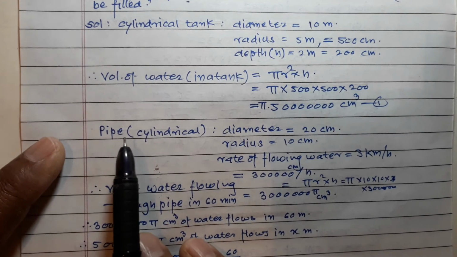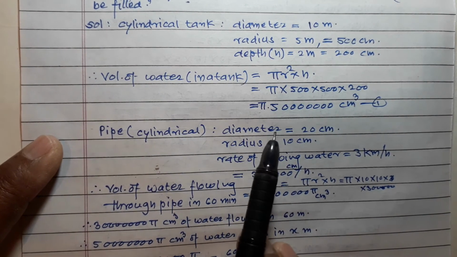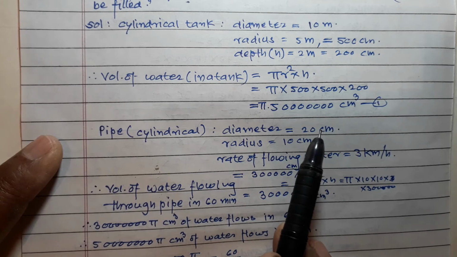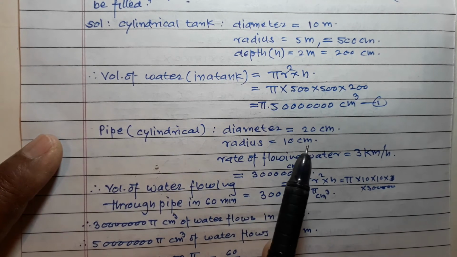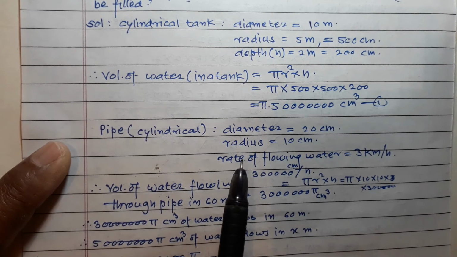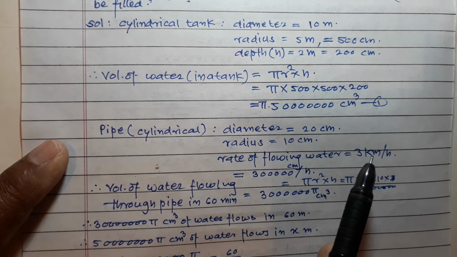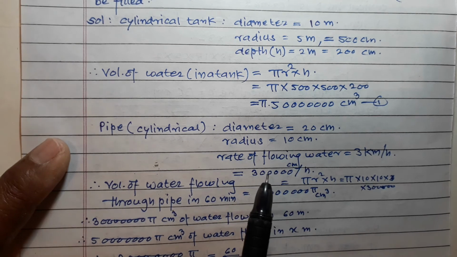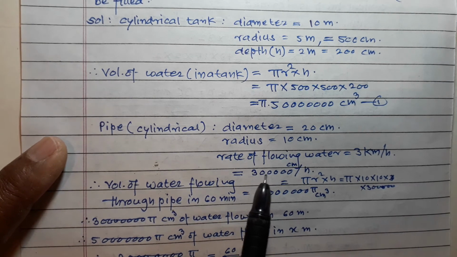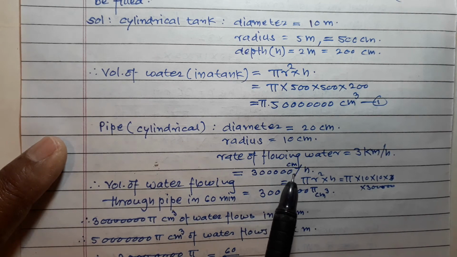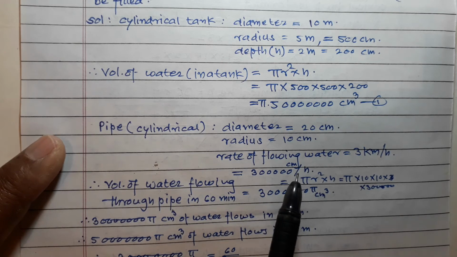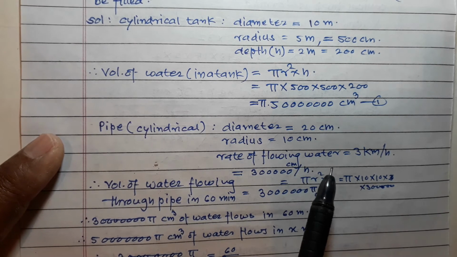Pipe is cylindrical, diameter is equal to 20 centimeter, radius is equal to 10 centimeter, rate of flowing water is equal to 3 kilometer per hour, that means 300000 cm per hour.